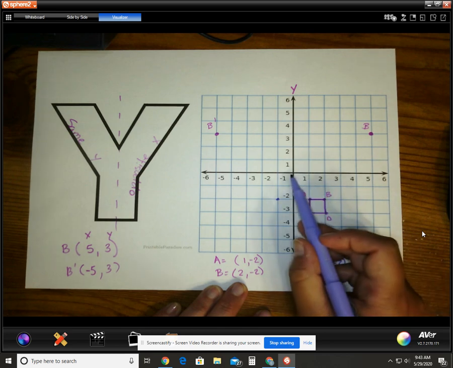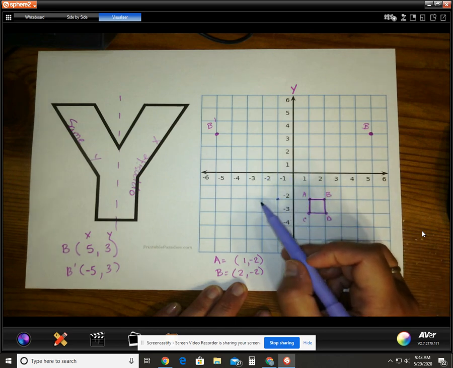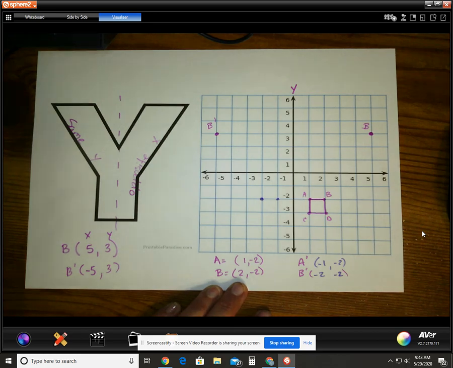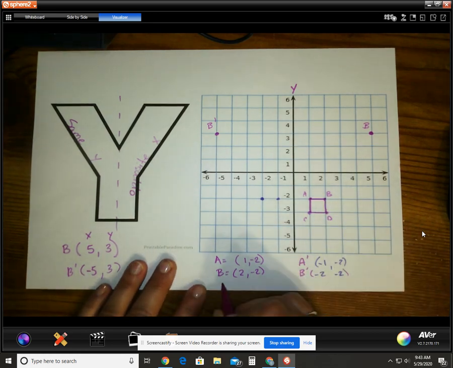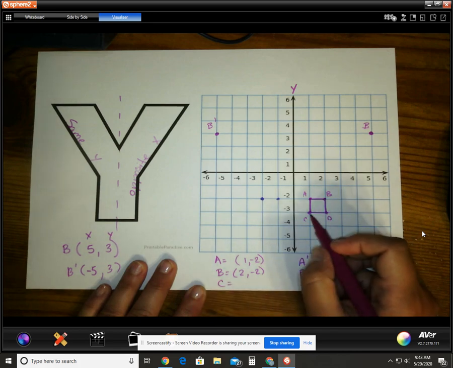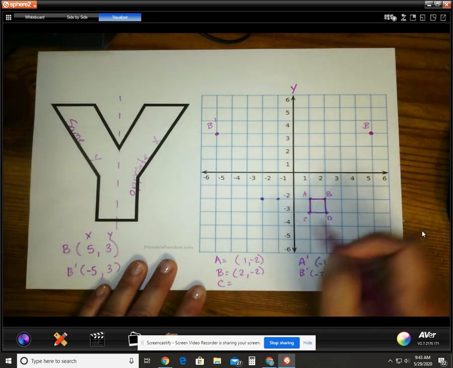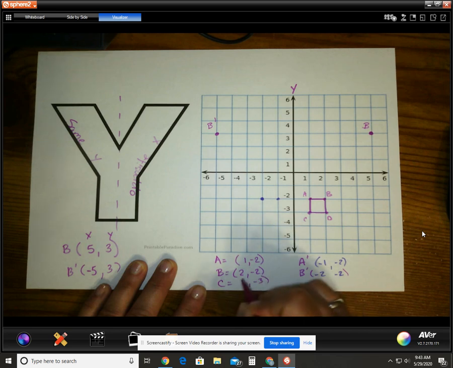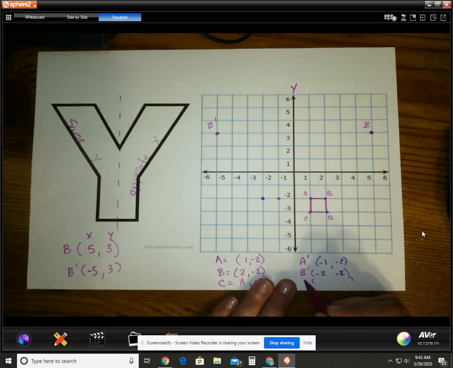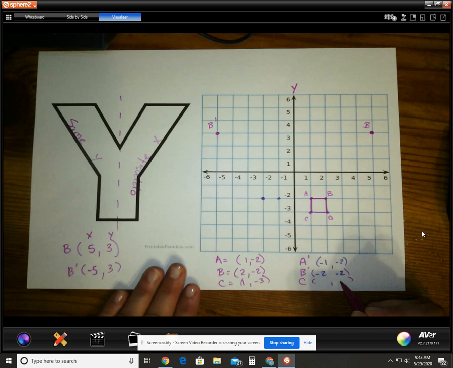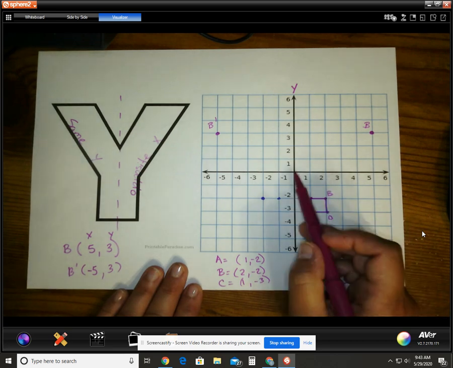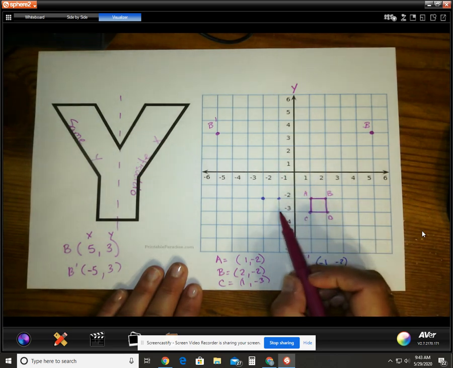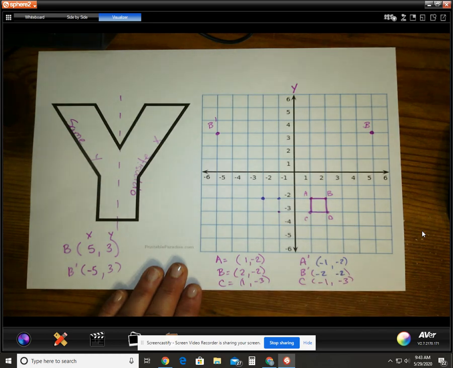So I have to go -2, -2. And that's going to give me my point right there. Same thing, letter C is already at 1, -3. If I'm reflecting over the y-axis, I'm going to keep the y number, which is -3. I'm going to do the opposite. So the opposite of 1 is -1. So I'm going to go -1, -3, and that gives me a point right there.